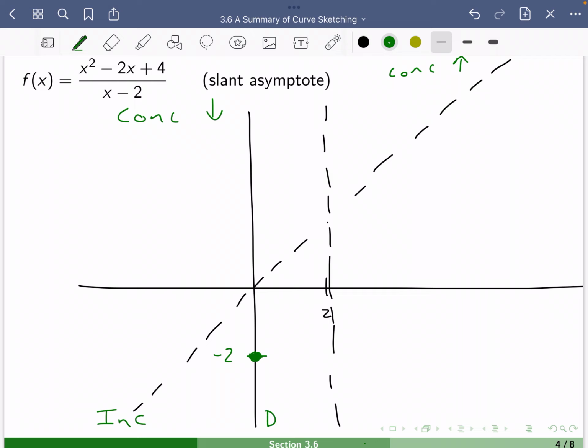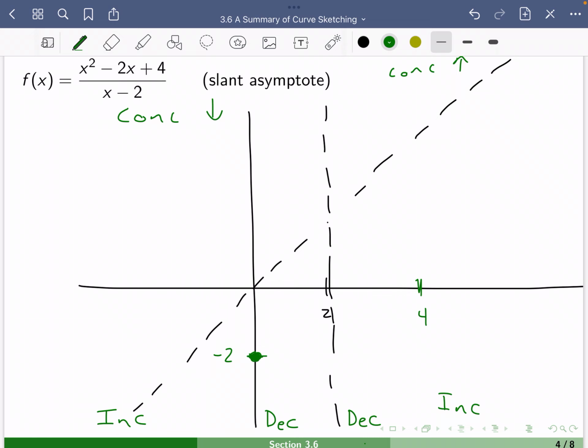Right at 0, we started decreasing. We were decreasing after 0 up to the value of 4, and then after 4, we were increasing again. So you can look back. There were no x-intercepts. All right, so now let's draw this.